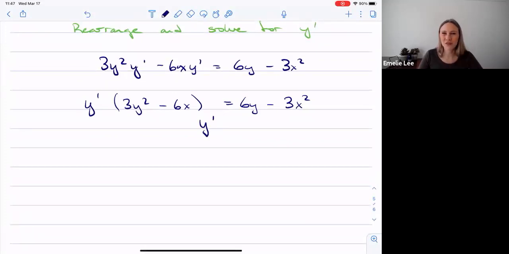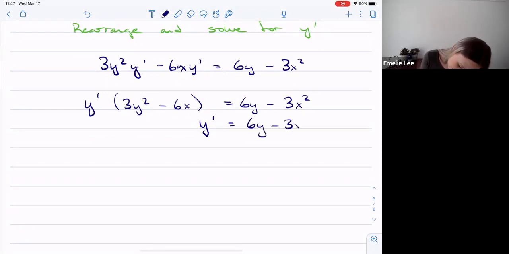It's remembering that chain rule on the y, that's the hardest part, I think. So solving for y prime, I can divide both sides by 3y squared minus 6x. So I get 6y minus 3x squared over 3y squared minus 6x.